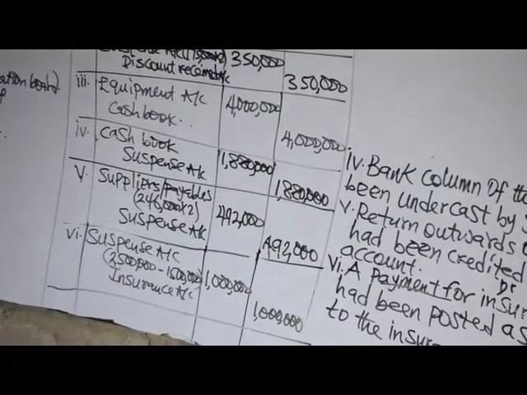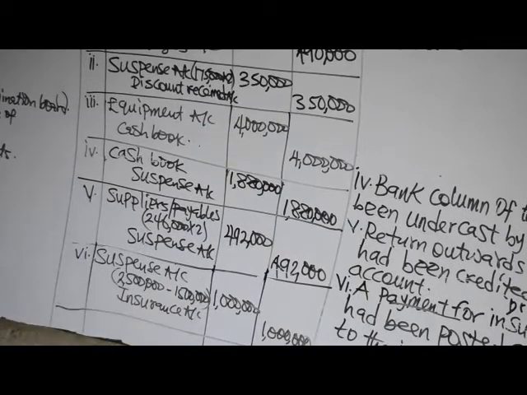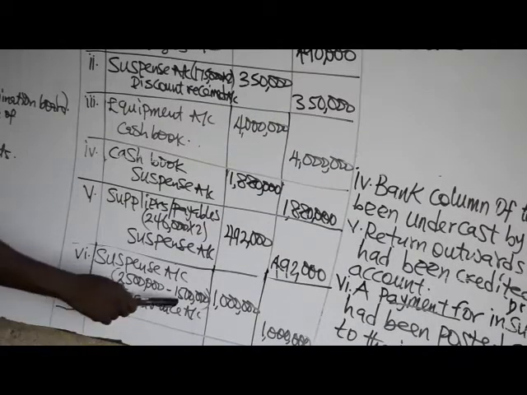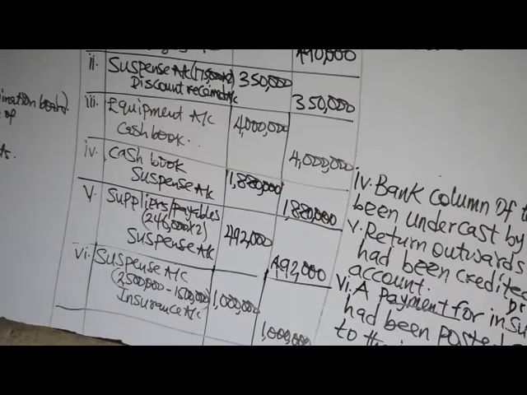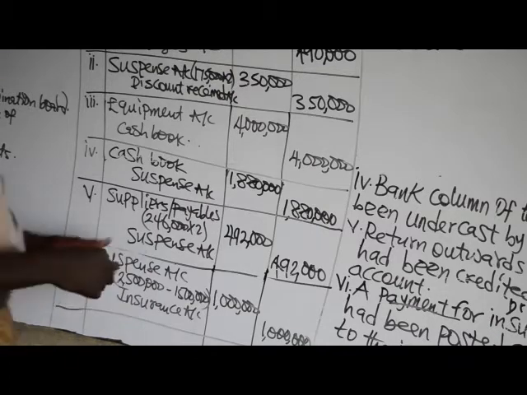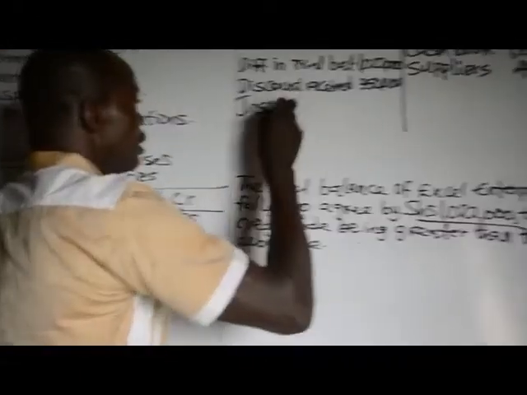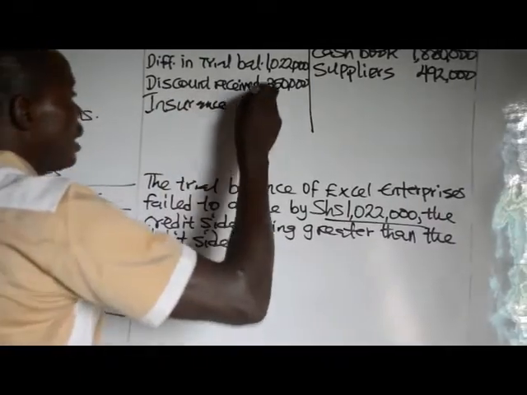Number 6, the suspense account is debited with the sum of 1 million, and the other account is insurance. So at the debit side you put insurance, 1 million.